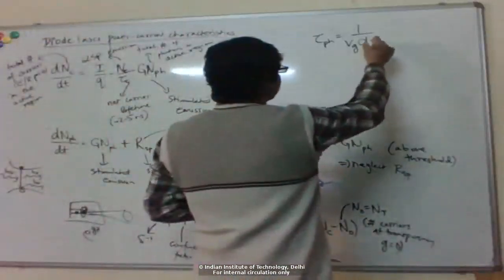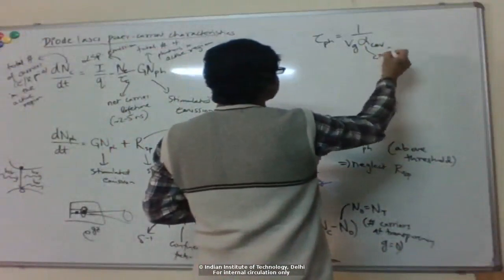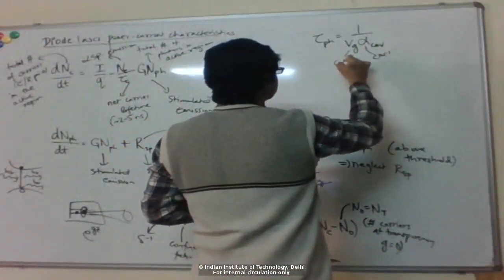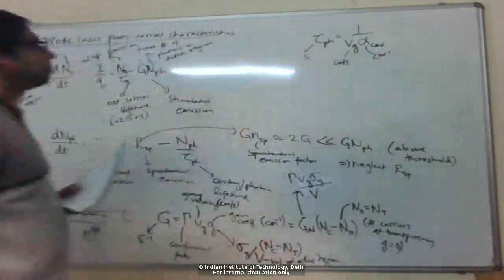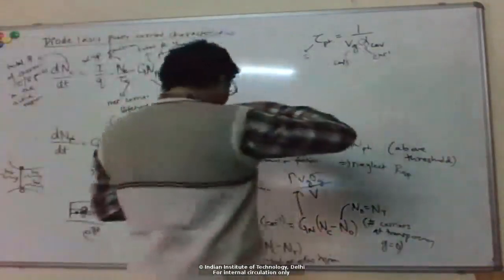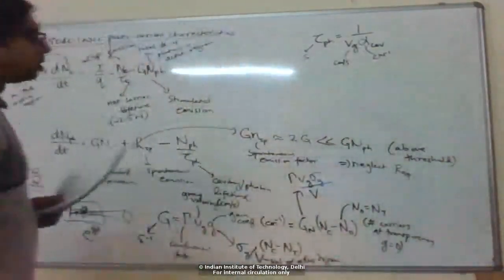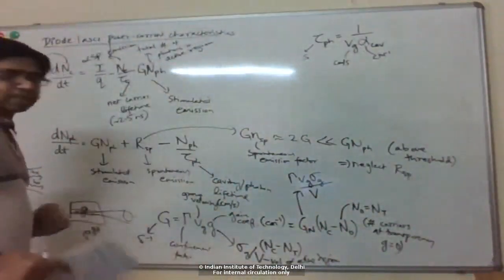This alpha again has units of per length, so per centimeter, and the group velocity is centimeter per second. So you can see this has units of seconds. So what is this alpha cavity? That's the total loss coefficient, the attenuation coefficient, of my laser cavity.